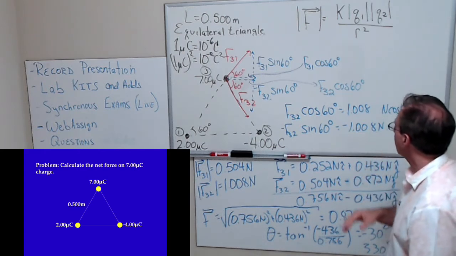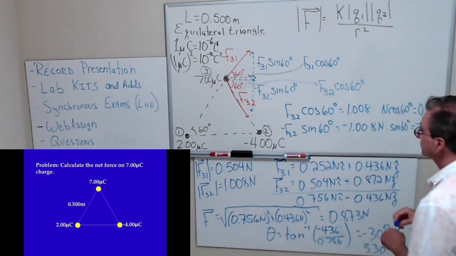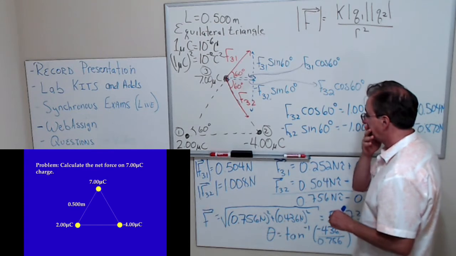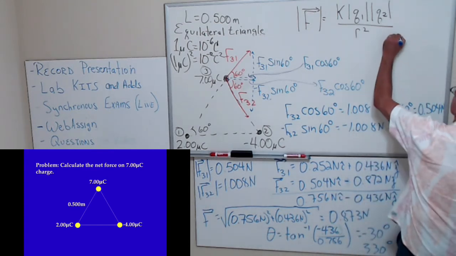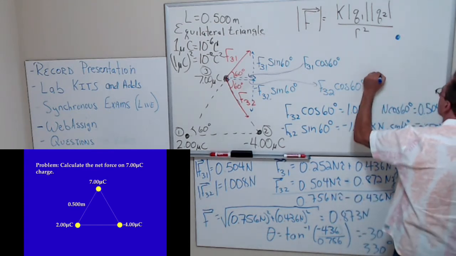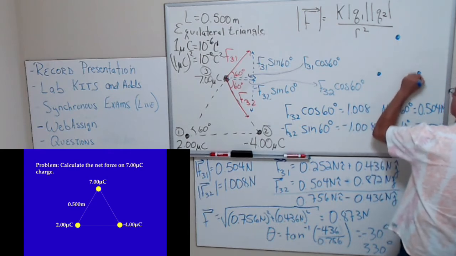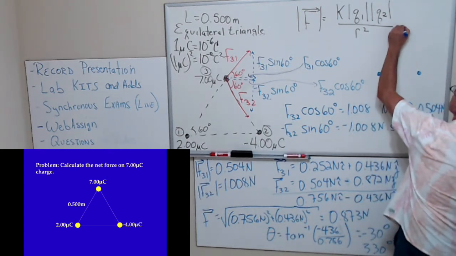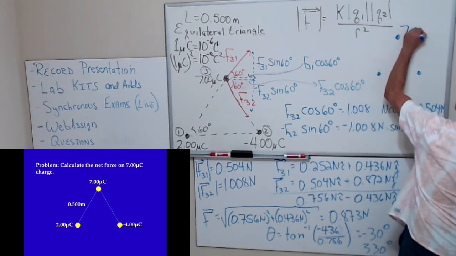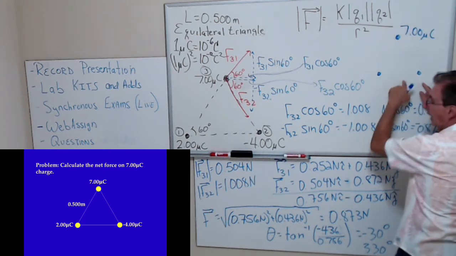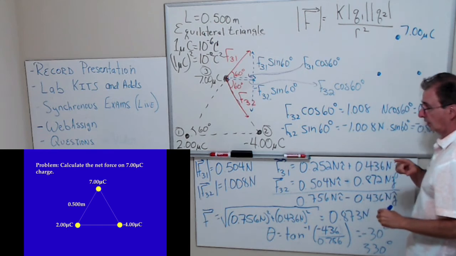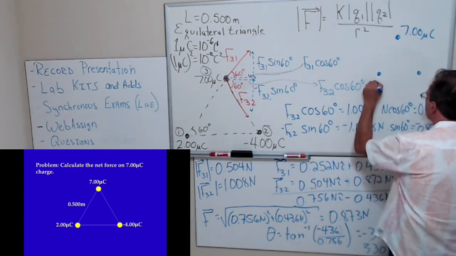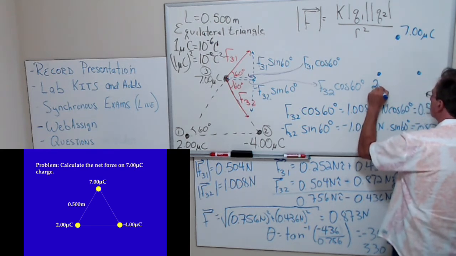Now, an interesting question one can ask is, suppose I had the following. Again, an equilateral triangle. We'll make this one 7 microcoulombs, but I'll make the bottom two the same, both 2 microcoulombs.